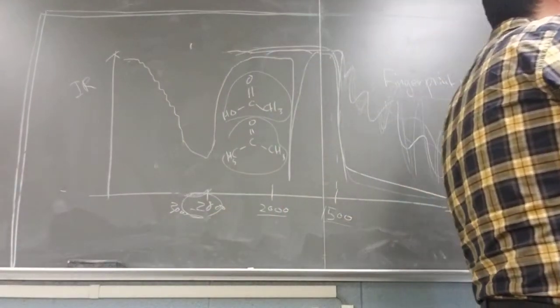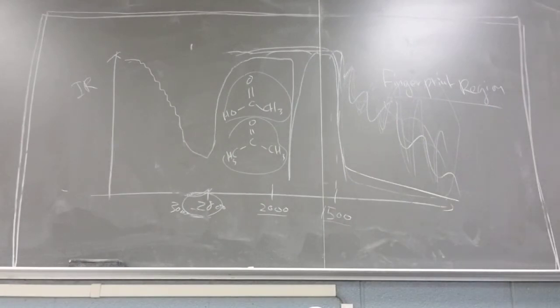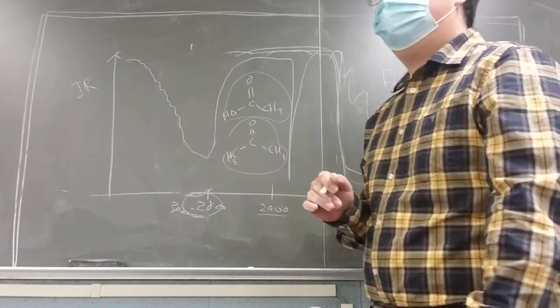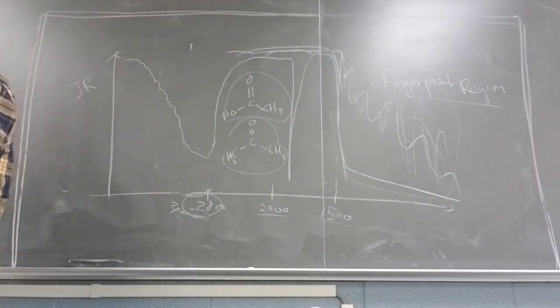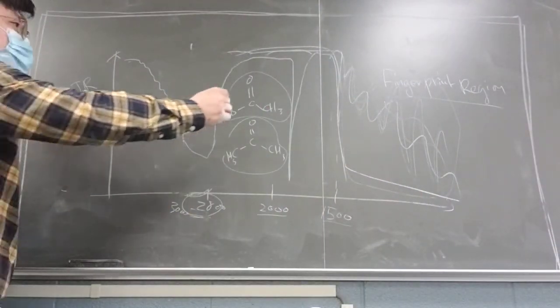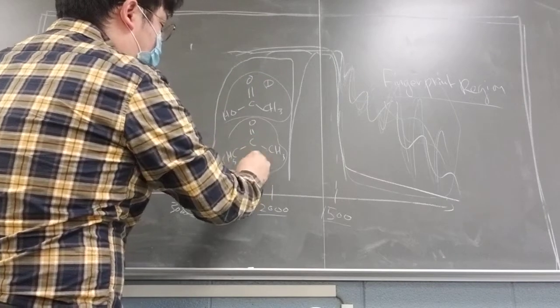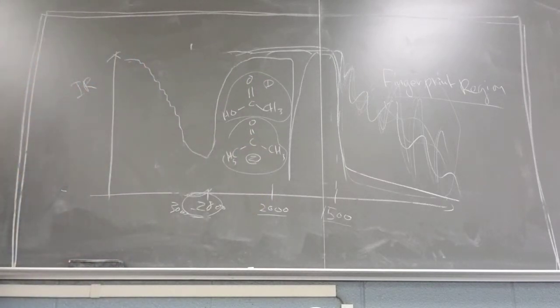Try to think about where the peaks are and look at the chemical structure of these two choices and pick one. If this is number one, this is number two. Which one is it? What do you think?